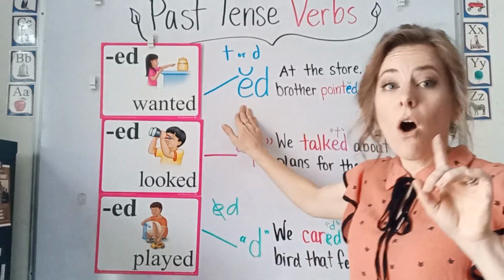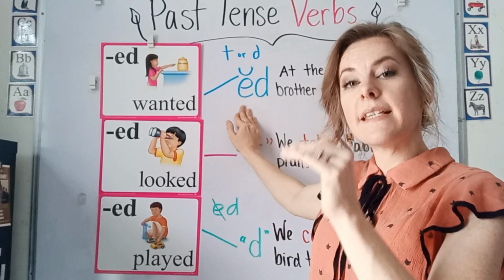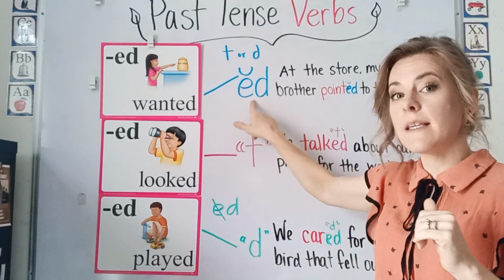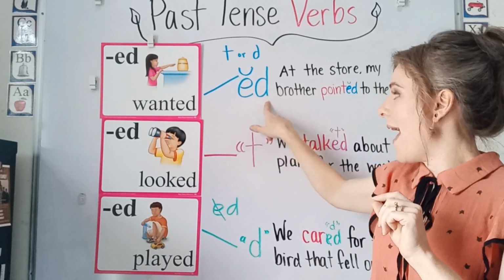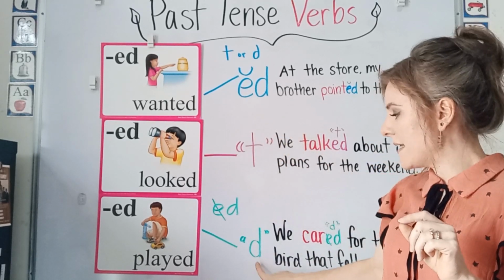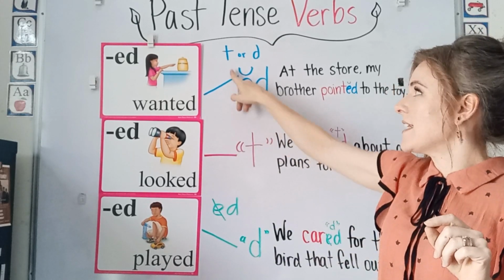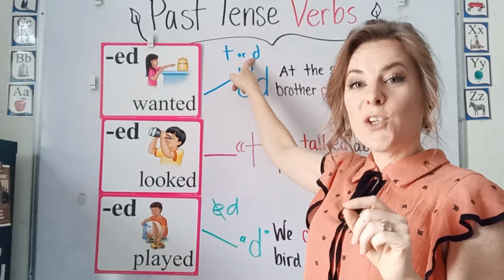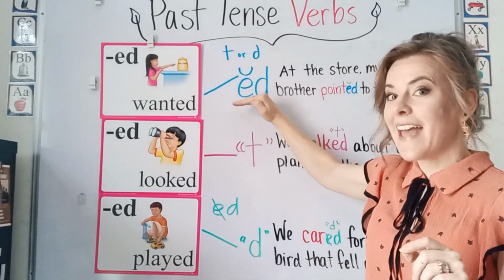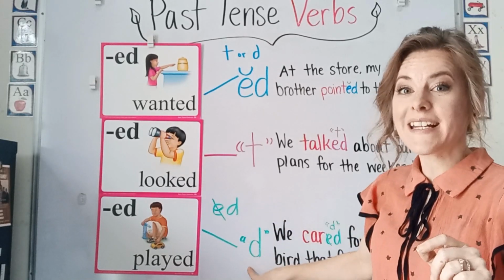But not all verbs with the ed make the same sound. This one is the most common, but it's not always the sound that is made. Ed, t, and d. Okay, and the trick for ed is if the word ends with a t or a d, then it usually is ed. Otherwise it might be t or d.